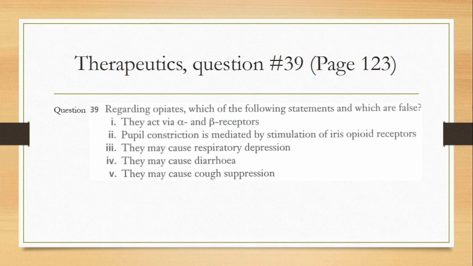About therapeutics, the question number 39 asks about opiates, and statement number 3 of the question says that they may cause respiratory depression, and statement number 4 says that they may cause diarrhea.